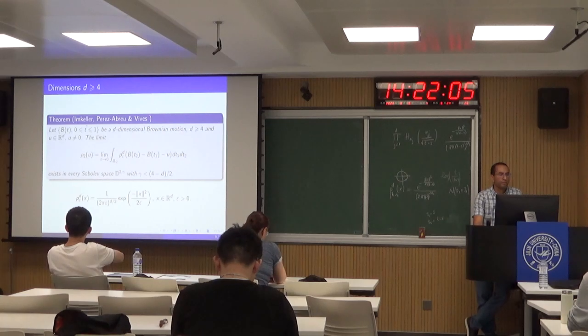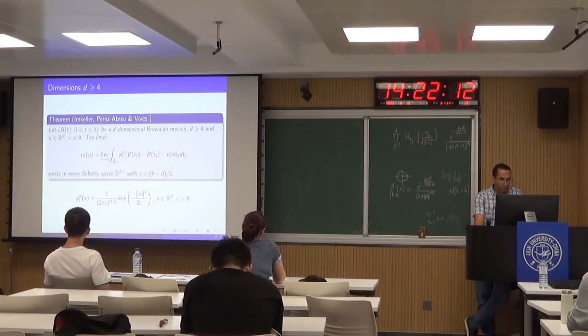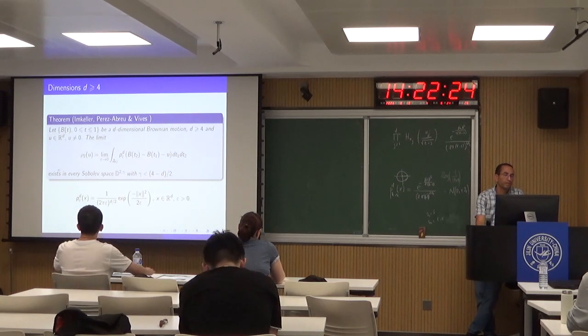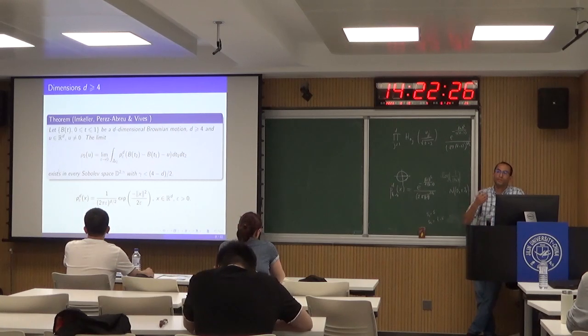We consider the d-dimensional Brownian motion in dimension greater or equal than 4. Of course, this limit does not exist in L2, and the related occupation measure also does not have a density. We have seen this. However, this limit we can find in some bigger space.